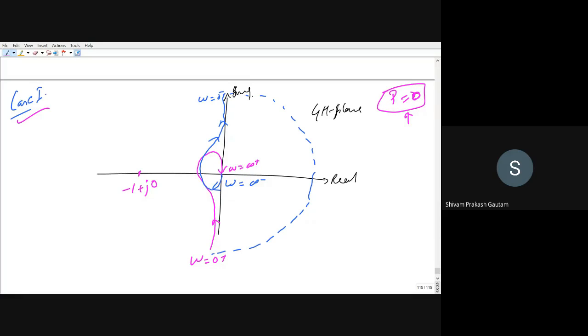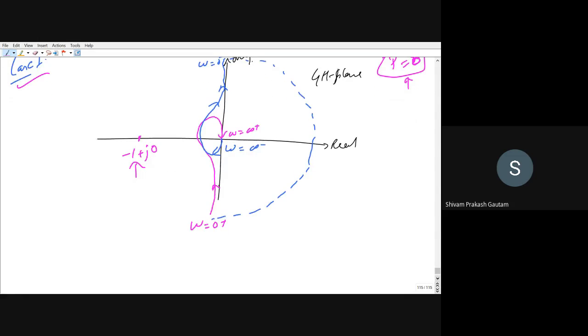Now see the point -1 plus J0. Do you see any encirclement of this point? No, sir. So there is no encirclement. That means N is equal to 0. Why is N equal to 0? Because there is no encirclement of this point. P is already 0.